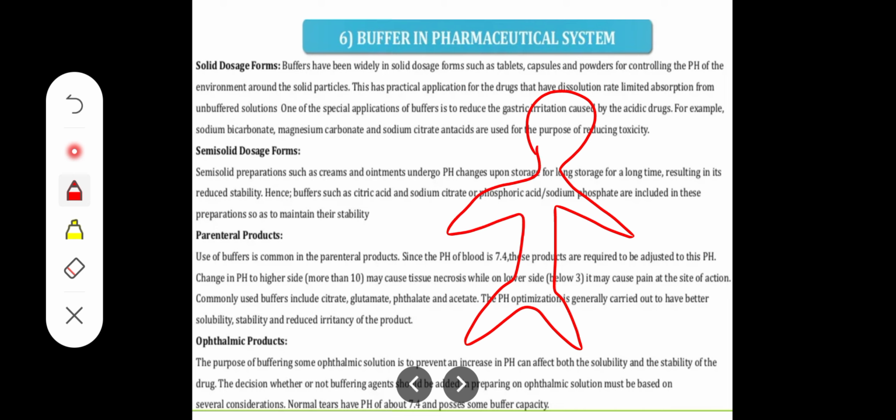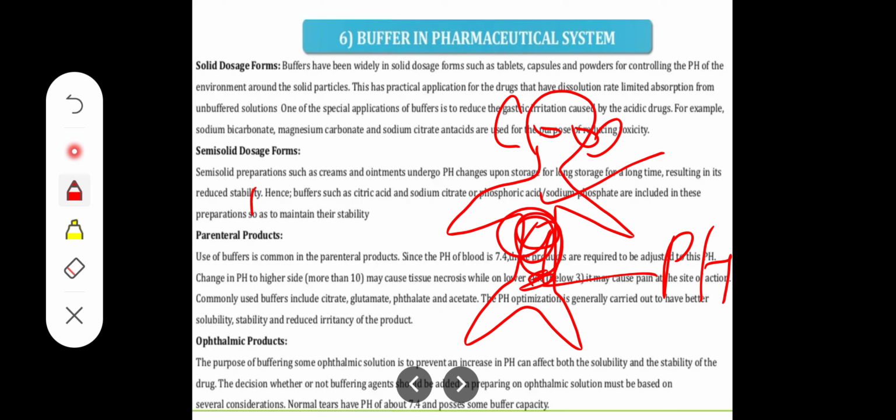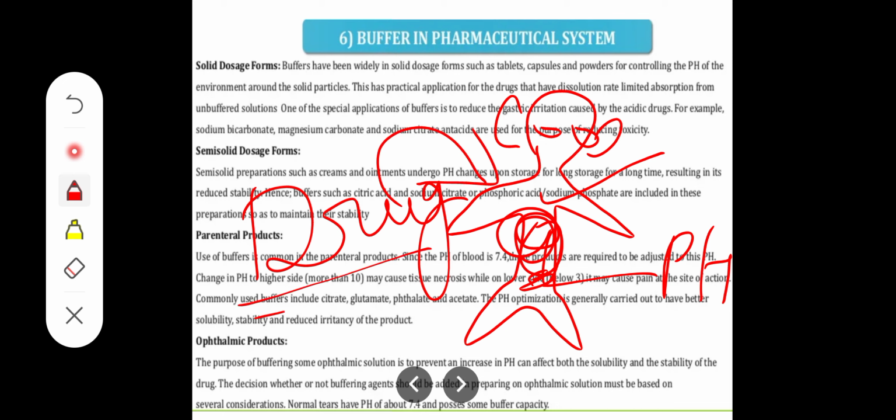Whatever the formulation, whether it is for blood, eyes, ears, heart, stomach, or intestine, a different pH is maintained. So wherever the drug is going to dissolve and whichever part it is going to act on, accordingly that pH has to be maintained, so that there will be no problem and it will be compatible at that particular site of the human body. So that's the important role buffers play in pharmaceutical formulations. Thank you.